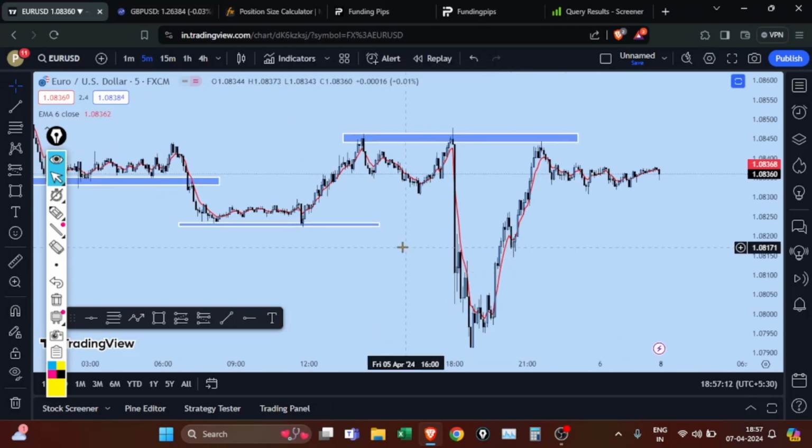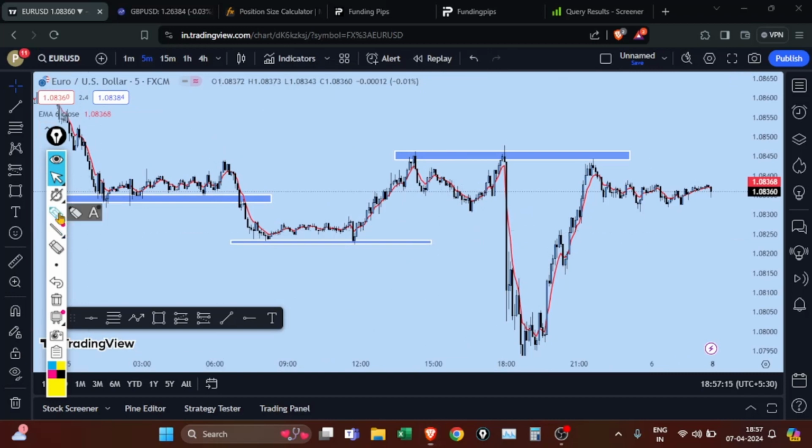As you can see over here, I have marked a resistance in the chart. The price touched here and went down. So I marked this area and waited for the price to come here again. Let me zoom in first.